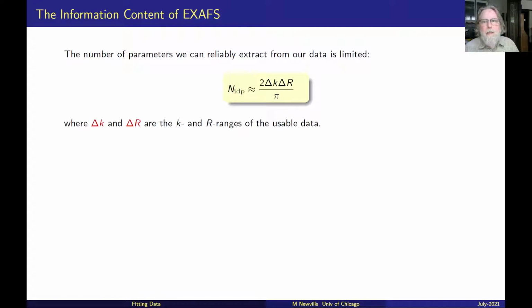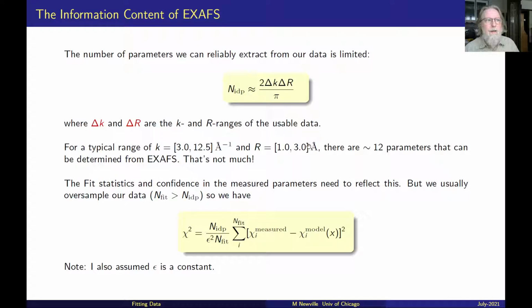These are related. It's not limited to thinking about data that's Fourier transformed. It's limited to thinking about data that is oscillatory and has a finite band. So although we measured mu of E in energy space, we're not thinking about the energy measurements. Each of those energy measurements, you might argue, is an independent measurement.